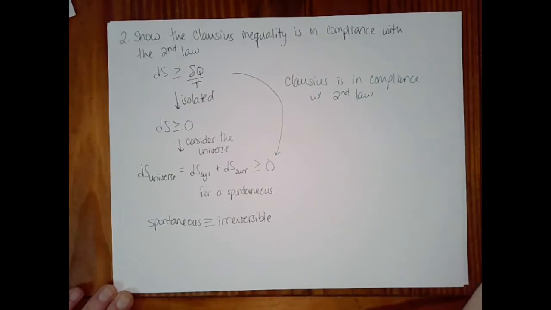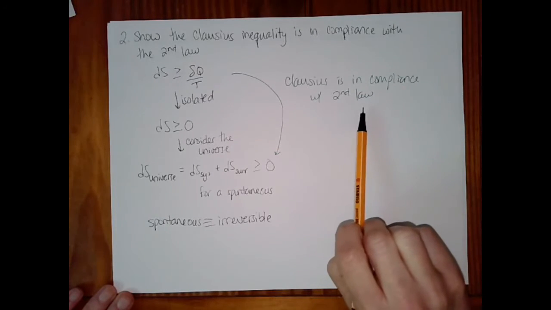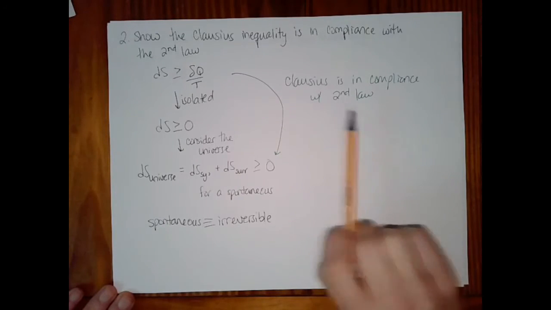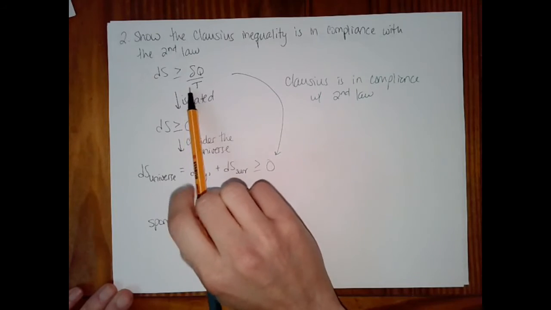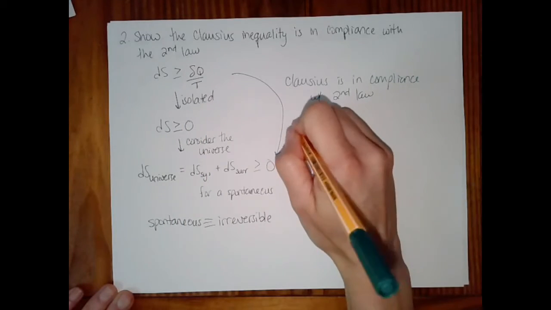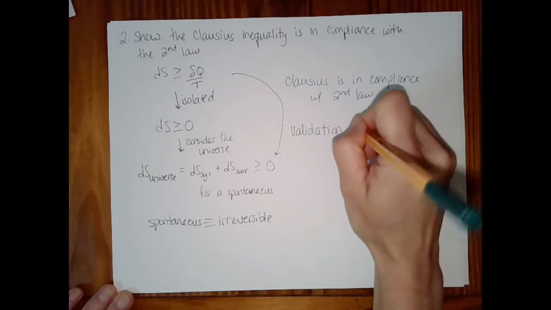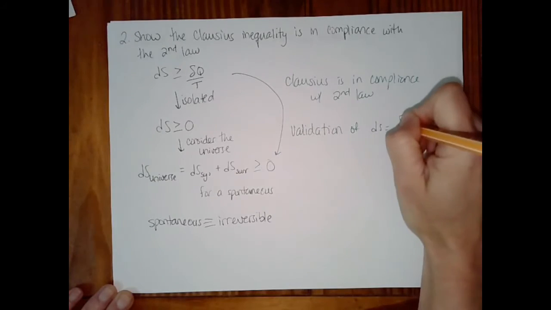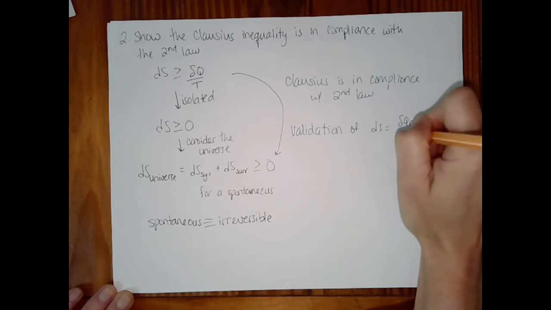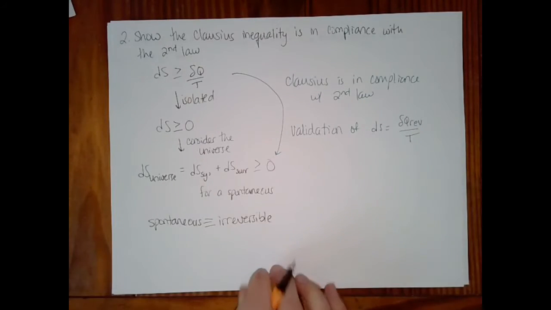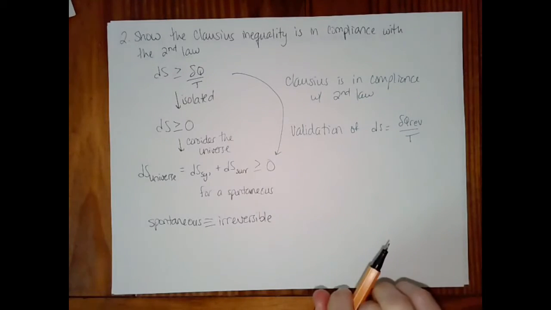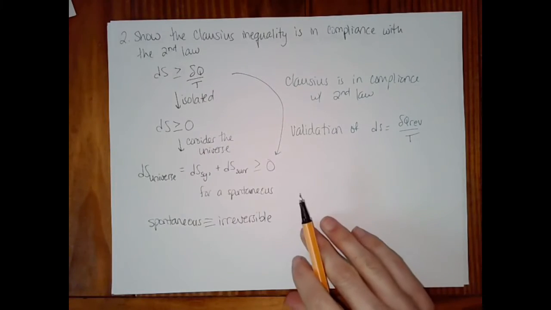There was another thing that happened, which was because we used our thermodynamic definition of entropy to arrive at this equation, this also serves as a validation of that definition. In a way, we showed that this definition is also in compliance with the second law.